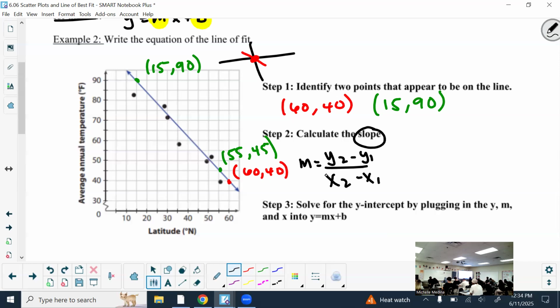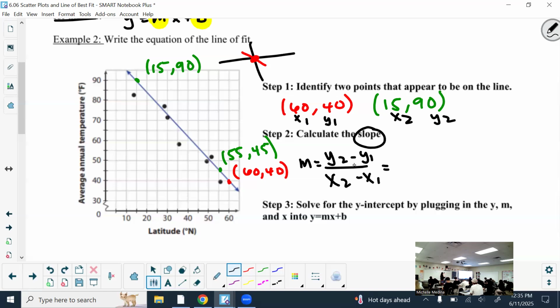So to calculate slope, use y2 minus y1 over x2 minus x1. And to do that, of your two coordinates, pick one of them to be x1, y1, the other one to be x2, y2, and then plug it into your formula.